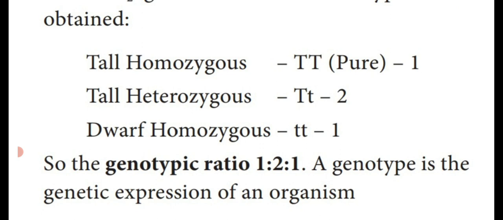So the genotypic ratio of monohybrid cross is 1:2:1. So the genetic expression of the organism is known as genotype, is the another important 2-mark question. Up to this only we have seen in the previous video class.